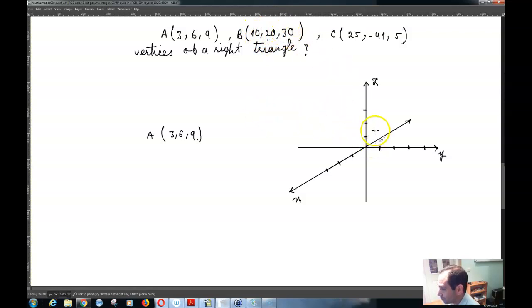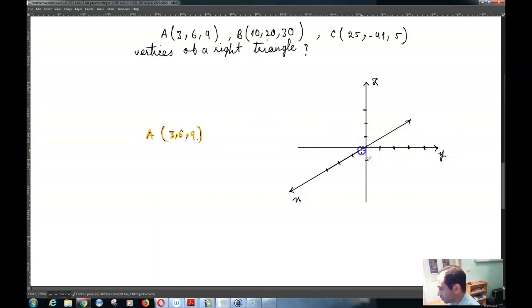And so now, in order to find out the coordinates, the location of this point, you can go along the x-axis, 3, 6, and 9. Along the x-axis, you can pick 3 units there. And 6 units along the y-axis.